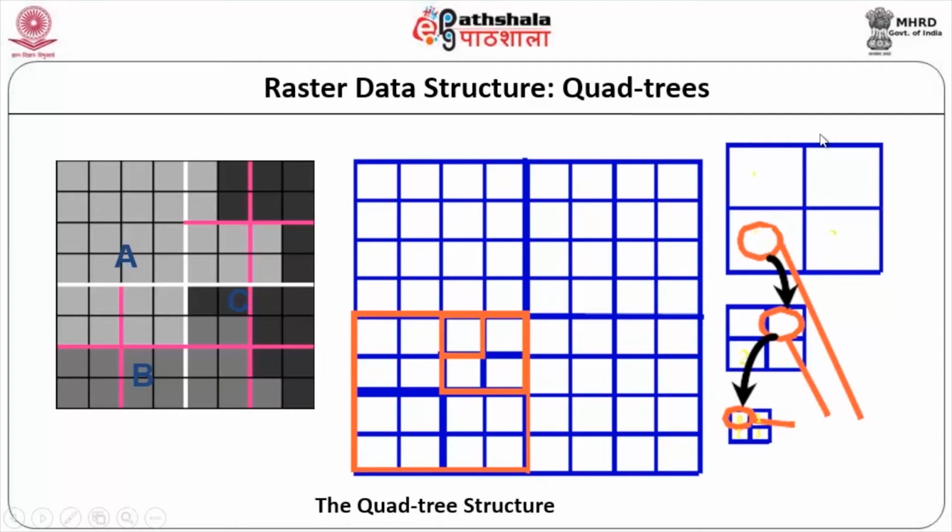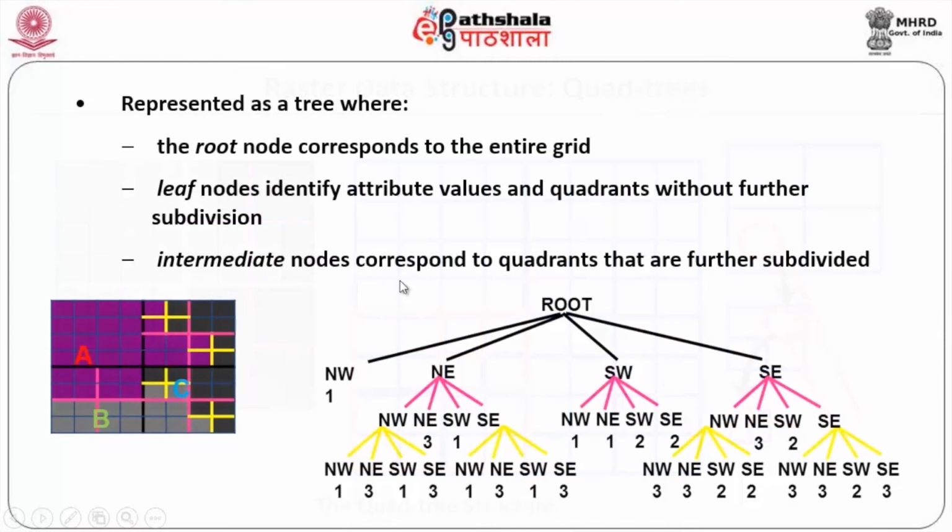So, division, subdivision, this part is separate, again subdivided, and a tree-like structure continuously changing over time will be considered here. As I was telling you, the root node corresponds to the entire grid. So, this is the root node, and obviously the leaf nodes, that is all the other nodes.